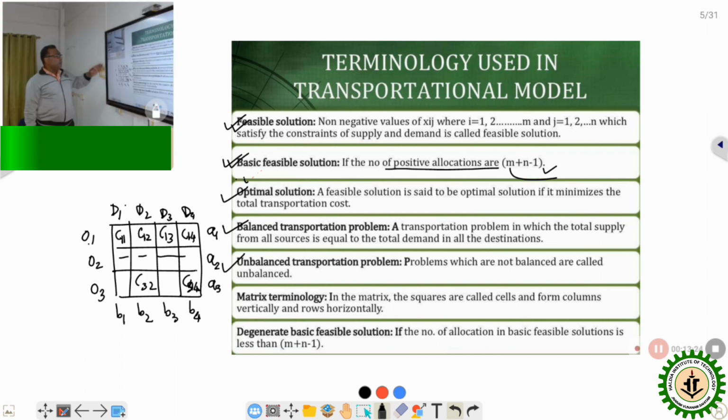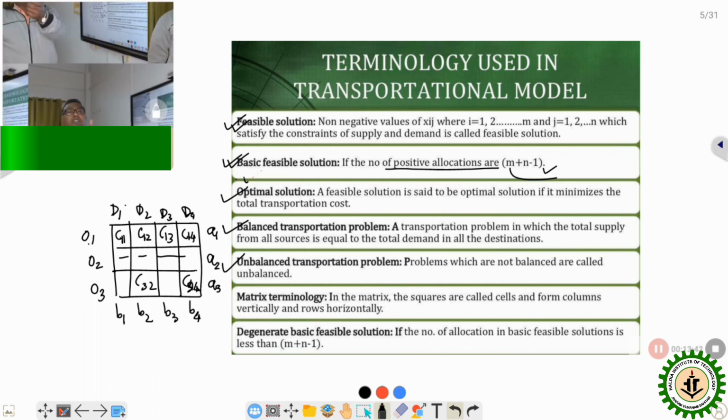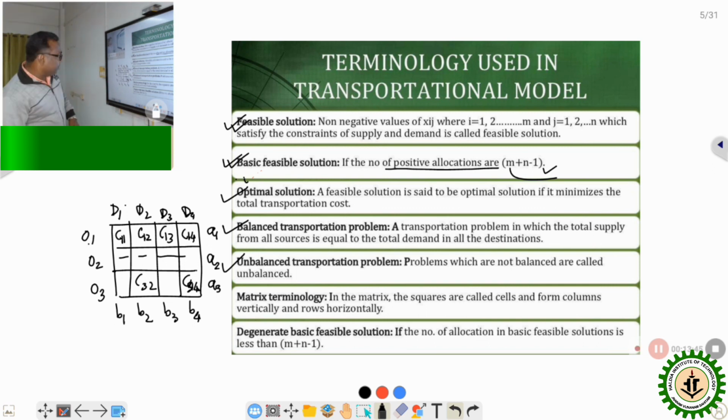This is the nomenclature we use in the matrix representation. C11 is the cost to transport one unit from origin 1 to destination 1. That is why Cij is the cost needed to transport one unit from the ith origin to the jth destination. Let's go to the next slide.